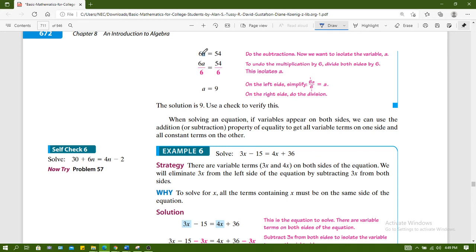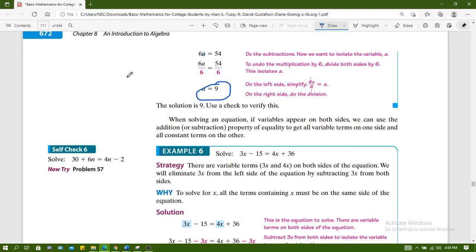Since a here still has a coefficient which is 6 and it is a whole number, don't forget that we will use the division property of equality. So divide both sides by the coefficient which is 6. So 6 divided by 6 is 1. You don't need to write that as a coefficient because it's understood. So you just copy a, and 54 divided by 6 gives a equals 9.